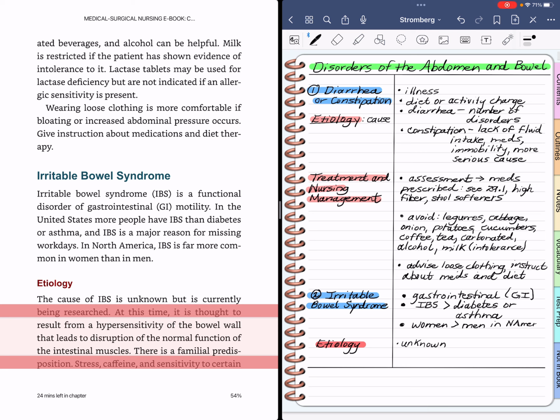Hyper means over, too much, of the bowel wall that leads to disruption of the normal function of the intestinal muscles. So the theory, to me, that's a question mark, is hypersensitive bowel wall that affects intestinal muscles.